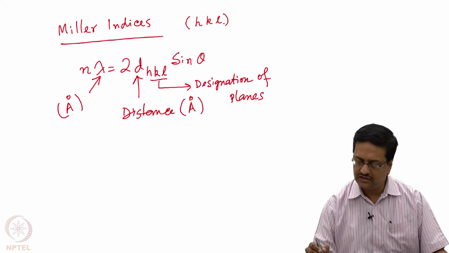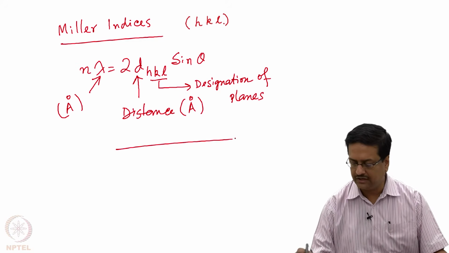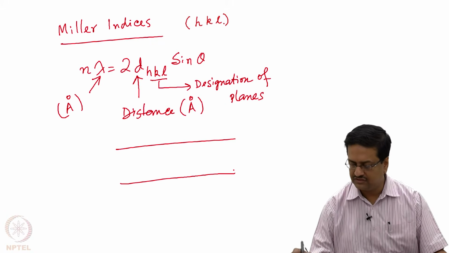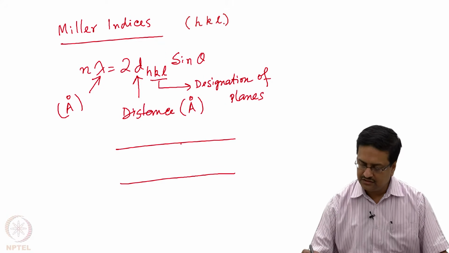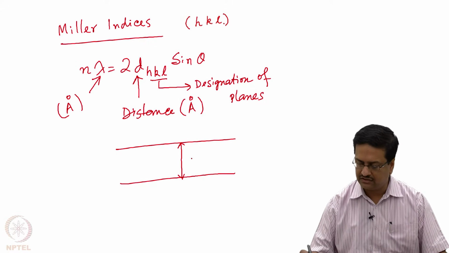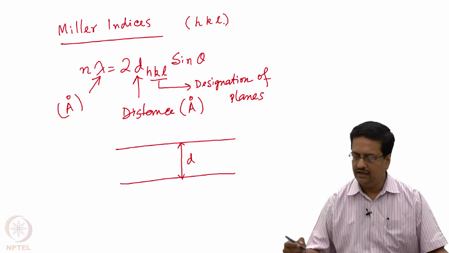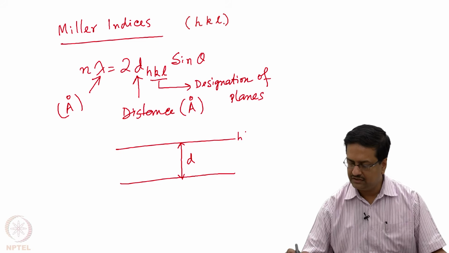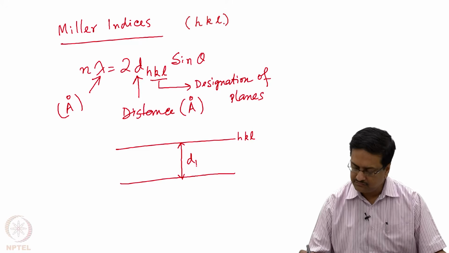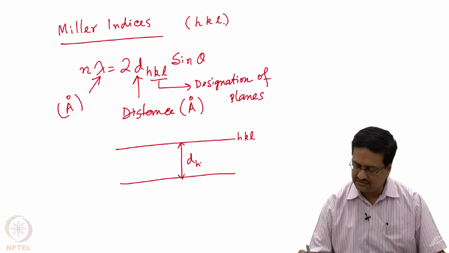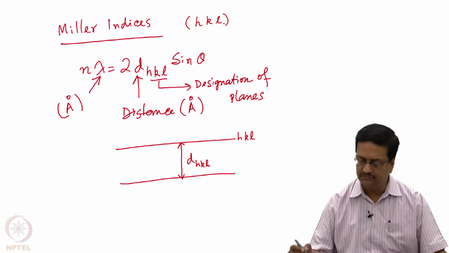When we are talking about a set of parallel planes, suppose these are two sets of parallel planes in a crystal lattice, the distance between these two parallel planes is called d, and we designate these planes as H, K and L. As a result, we identify this distance as d HKL.